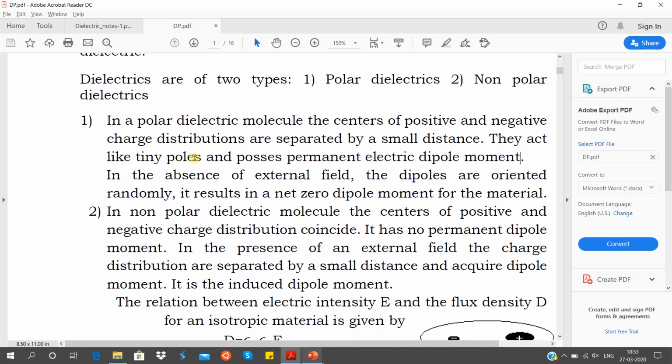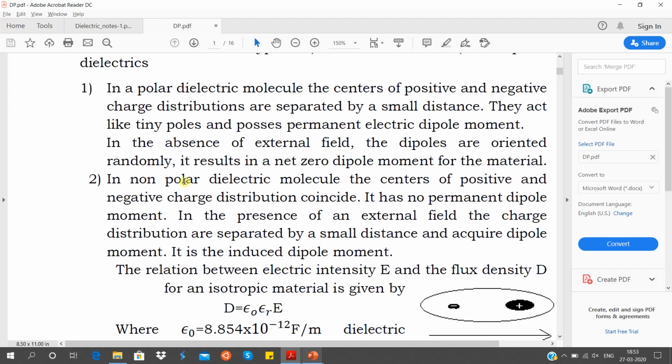One more point to be noted is that in polar dielectrics, when there is no external field, these dipoles will be oriented very randomly, and there will not be any dipole moment for the material. When you apply an external field, the dipoles will orient, they will rotate, and as a result the electric dipole moment will increase.